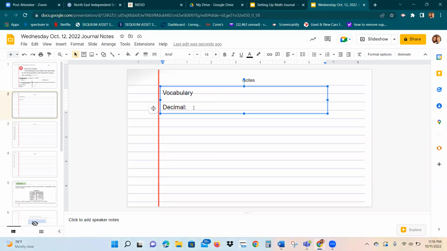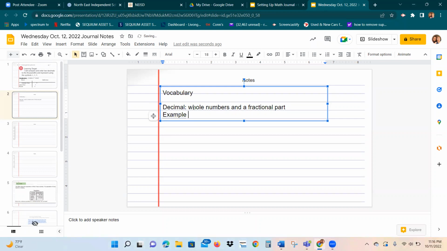Okay, so that definition is where we have both whole numbers and a fractional part. An example of that is if I have a whole number of 2, and there's my decimal point.